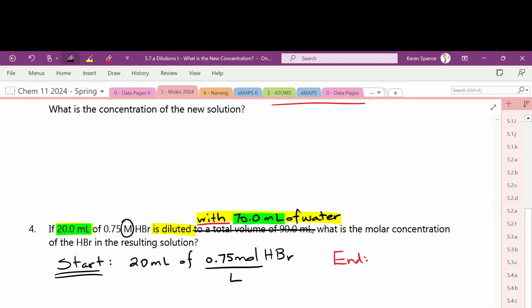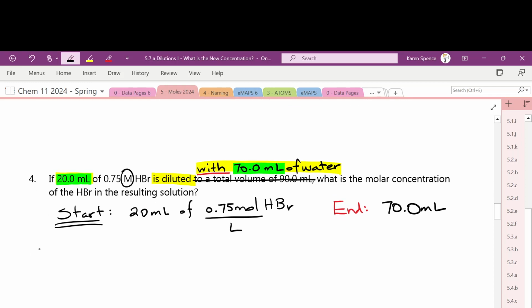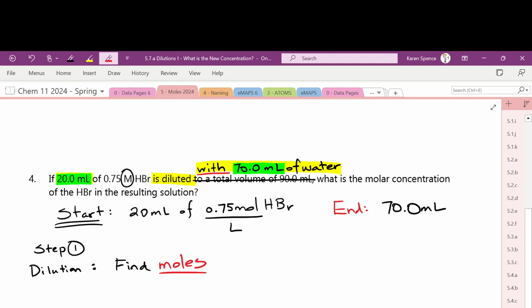So at the end, we have 90 milliliters. And in the dilution problem, what is the first thing you want to find? You want to find moles. Can you find moles here?